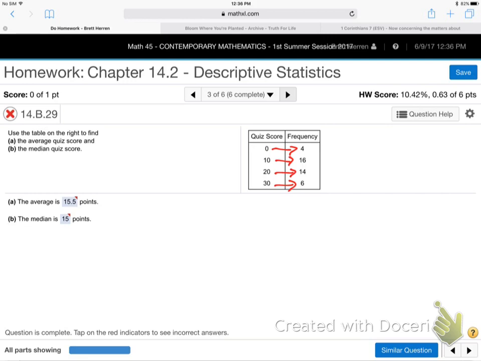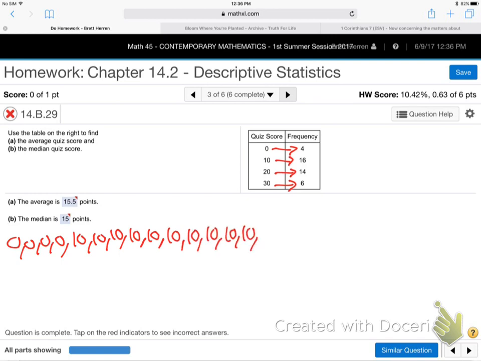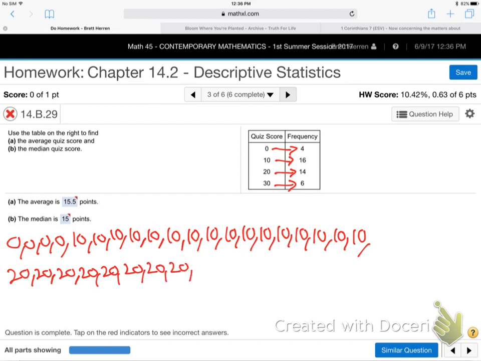So if I was to list them all out, and I think it will be helpful, let me do it. It's going to be 0, 0, 0, 0, 4 zeros, and then 16 tens. 1, 2, 3, 4, 5, 6, 7, 8, 9, 10, 11, 12, 13, 14, 15, 16 tens, 14 20s. 1, 2, 3, 4, 5, 6, 7, 8, 9, 10, 11, 12, 13, 14 20s, and 6 30s.